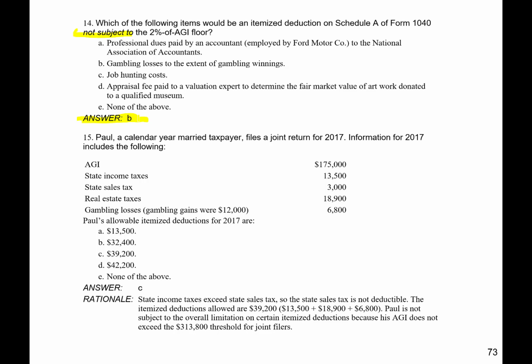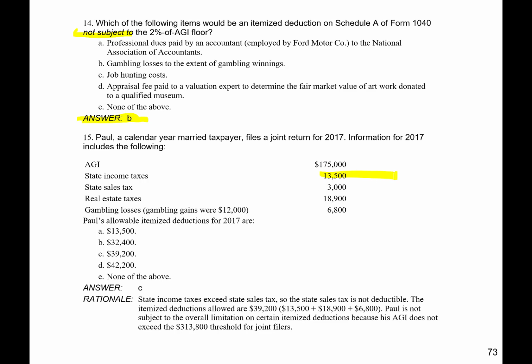Okay. Number 15, Paul, calendar year taxpayer, files a joint return for 2017. Information is as follows, and Paul's allowable itemized deductions are what? So he's going to go ahead and pick up the state income tax of 13.5 or the sales tax.